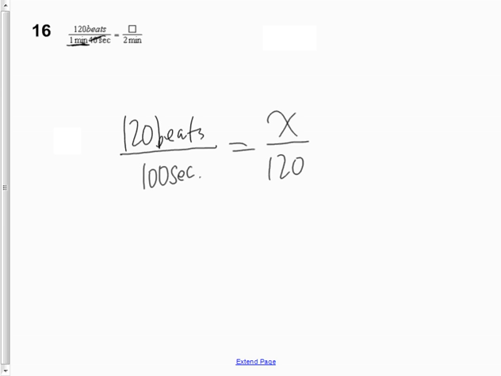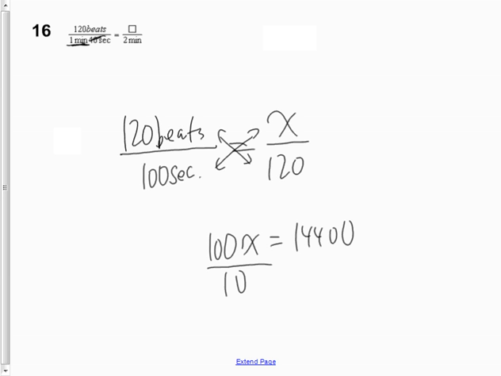Yeah? So when I create my equation, it could be 100x equals 14400. Divide both sides by 100. x equals 144, right?